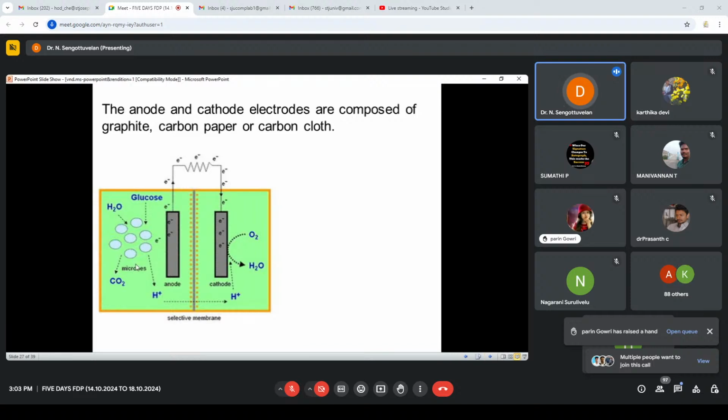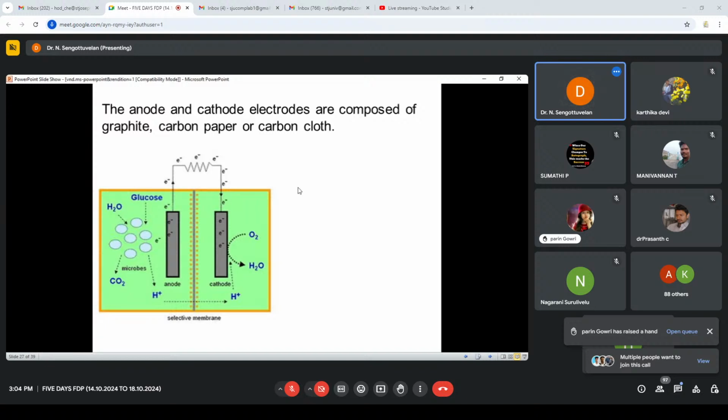It generates electricity. Instead of an anode and cathode, I have said it plainly, it may be a material made mainly from graphite, carbon paper or carbon cloth, employed as an electrode. Why? Because carbon is cheap, one thing. Another is that it is a non-metal which is able to conduct electricity.